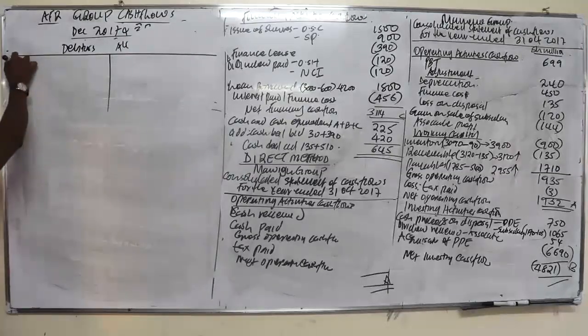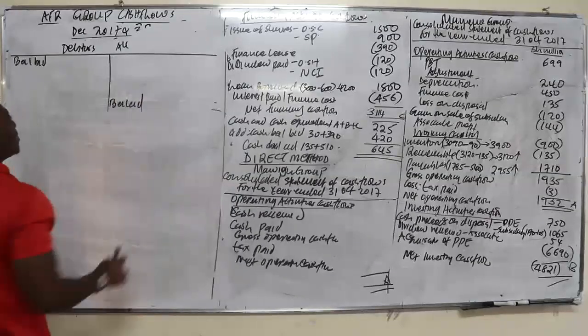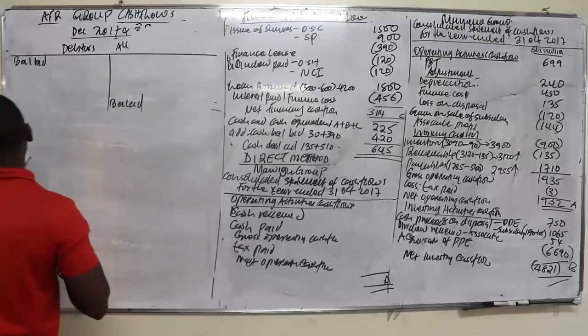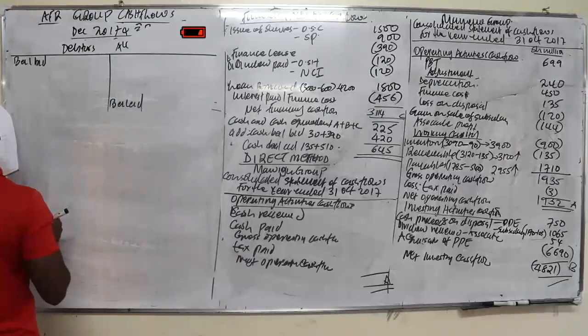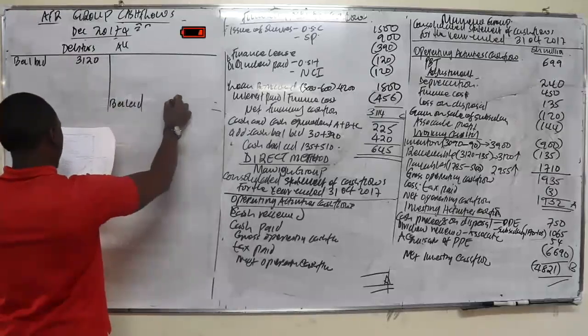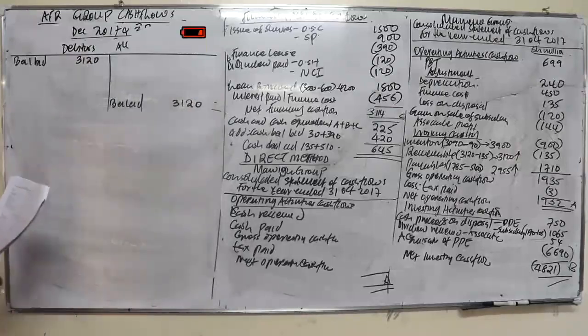You have the balance brought down and the balance carried down. How much is the opening balance? For the debtors, we had that one. And the closing balance? That one, 20. Then we have the balance brought down.